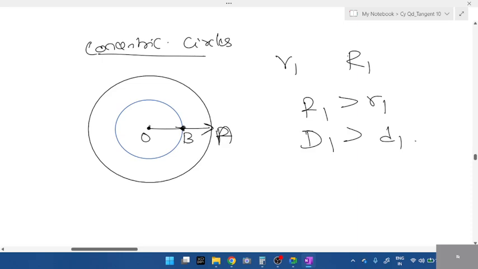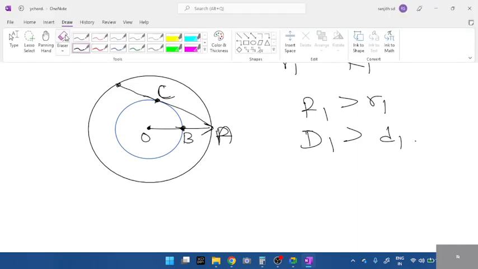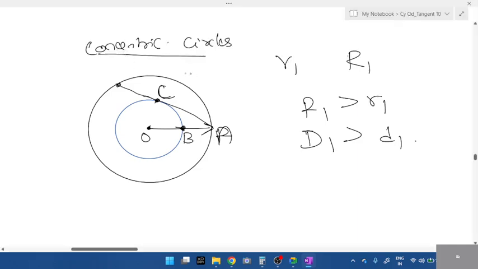So if they give you a right angle triangle like this, you'll get a question like this. A, I'll write C. Where is line AC, students? With respect to the bigger circle, where is line AC, inside or outside?